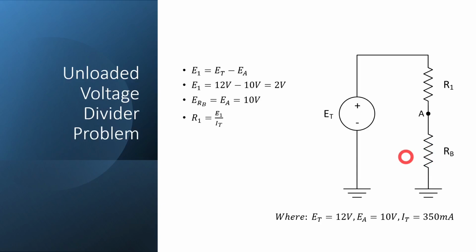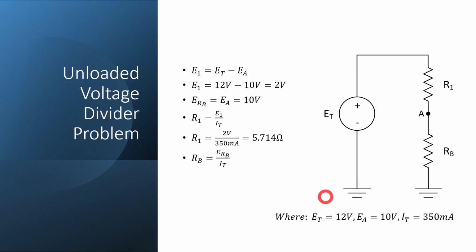And then we can figure out the resistance value of R1 by just taking this 2 volts and dividing it by our given. This is just from our Ohm's triangle. We're going to take 2 volts and divide it by 350 milliamps and get 5.714 ohms.